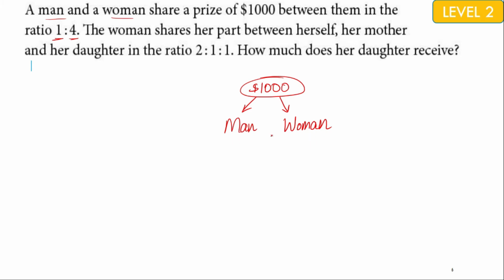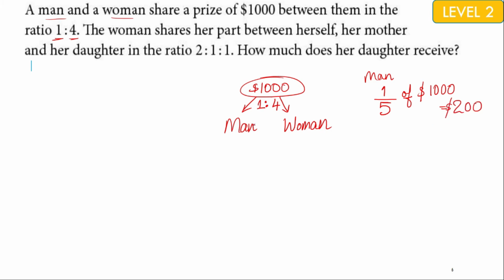So 1:4. Now it's divided in the ratio 1:4, which means you have a total of 5 parts, 1 plus 4, which is 5. And the man gets just 1 out of the 5 portions of the $1,000.